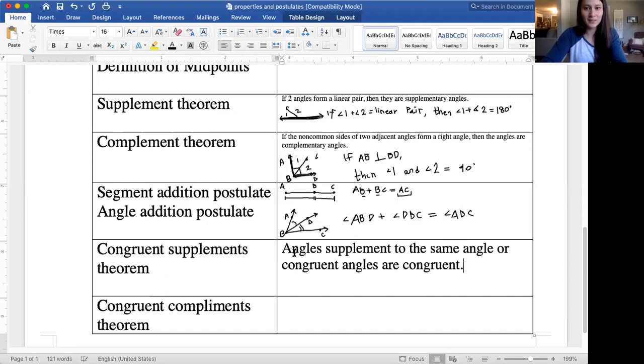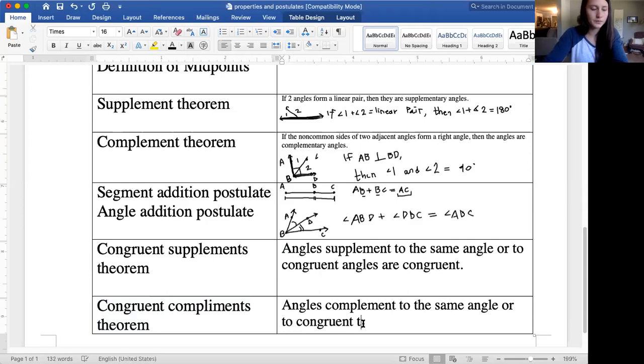What is that even saying, right? Let's write this next definition down. Angles complement to the same angle or to congruent angles are congruent.